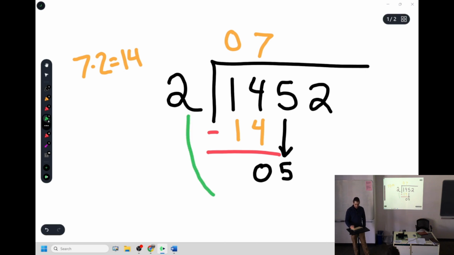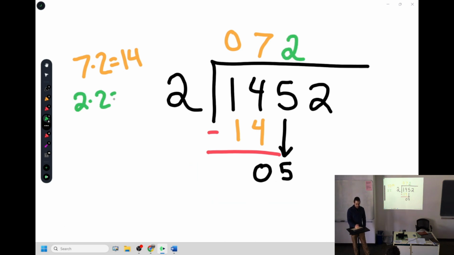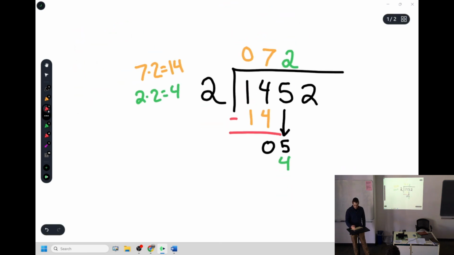How many times does 2 go into 5? But now we're going to go 2 times 2 equals 4. What do we do with that 4? Zoop, zoop. You say 12? It's okay. You can say 12. Oh, it's going to be 12 in a little bit.